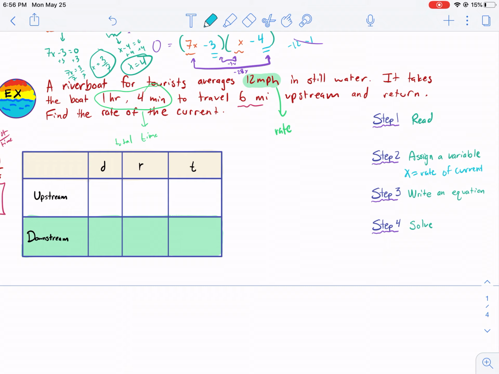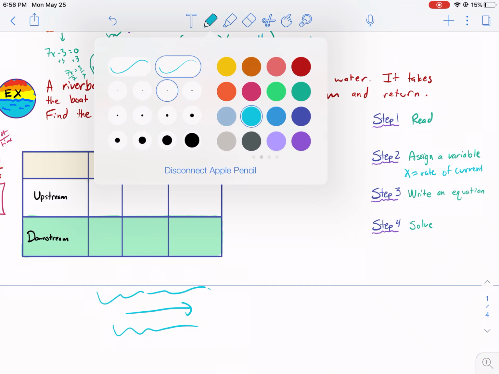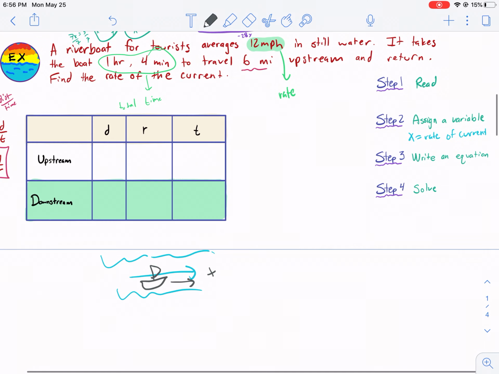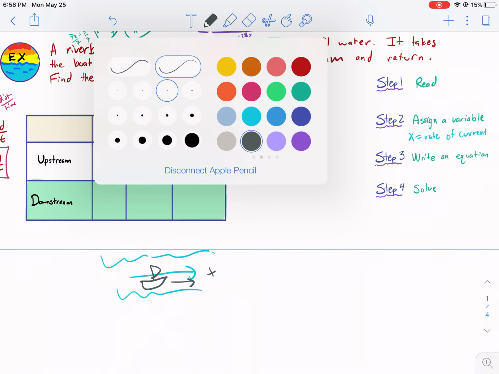Okay, now let's think about this logically. If we have a current here, and it's moving this way, and we have our boat, okay, look at our beautiful boat here, and it's going this way, what do we do with those two rates, with the rate of the current and the speed of the boat? We would add those two together. Now, let's think about the opposite scenario.